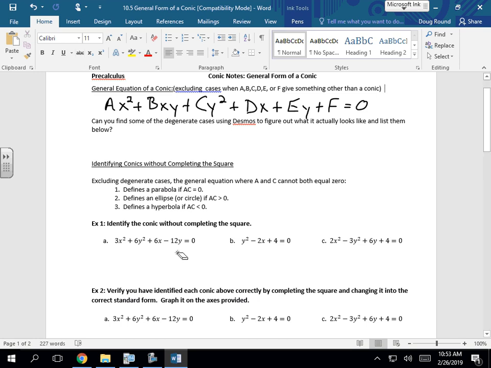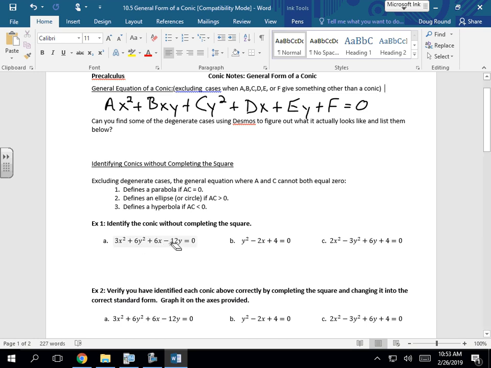Any guesses? D might be. Can you look at A and tell me what you think it is? How many of you think A might be a circle? Anybody think it might be an ellipse? Anybody think it could be a hyperbola?